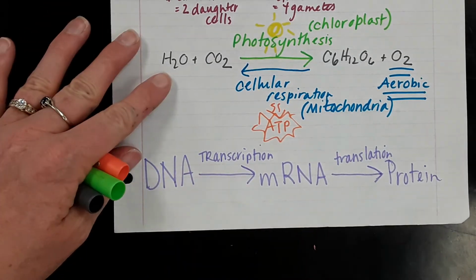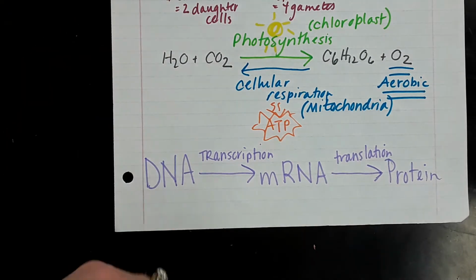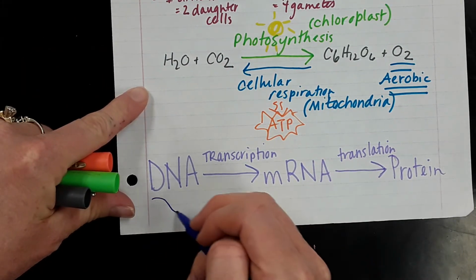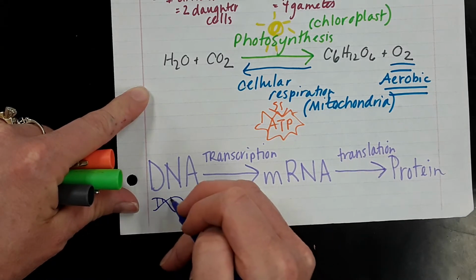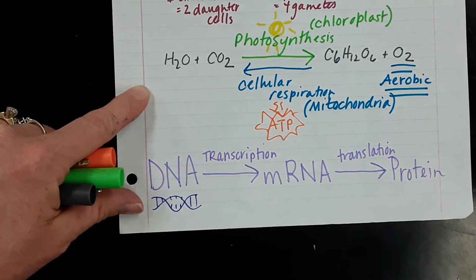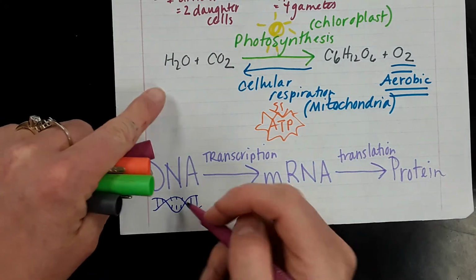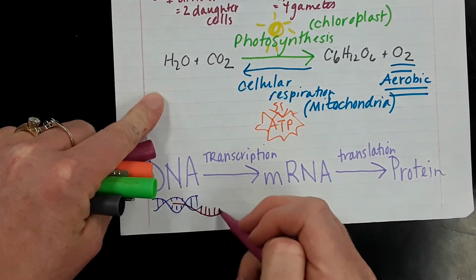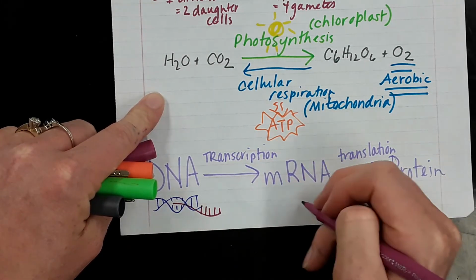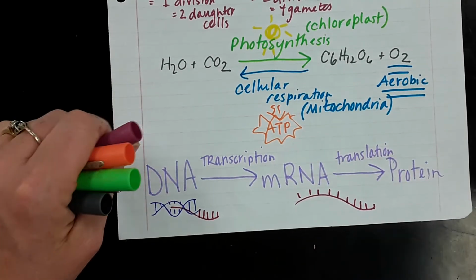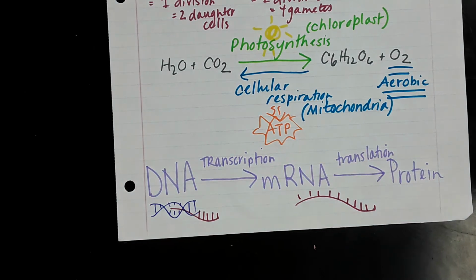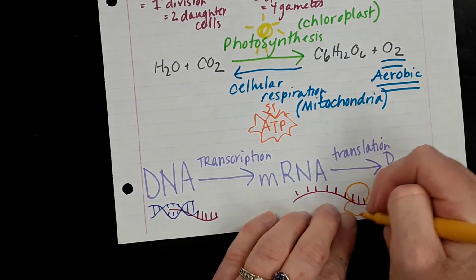Now with transcription, what's happening is we're starting off with our DNA molecule. So here's our DNA. And in transcription, what happens is that DNA unzips and it makes the messenger RNA. The messenger RNA then is going to travel to the protein factory, which is a ribosome.